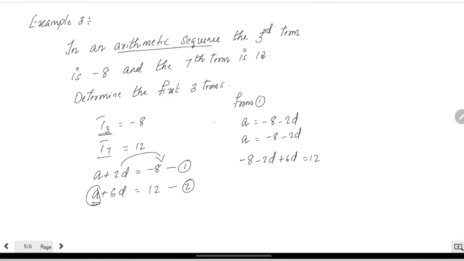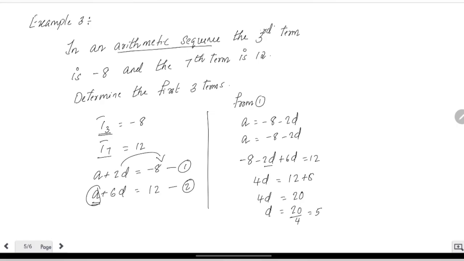Now we can find the value of D. Minus 2D plus 6D is 4D, and minus 8 goes to the other side, so 4D is equal to 12 plus 8. That is 4D equals 20. Therefore, D is equal to 20 divided by 4, the answer is 5.